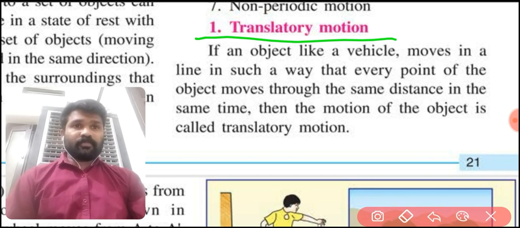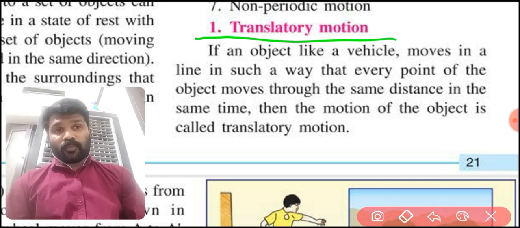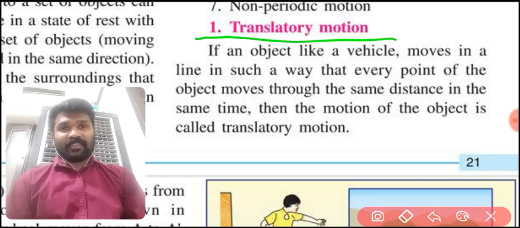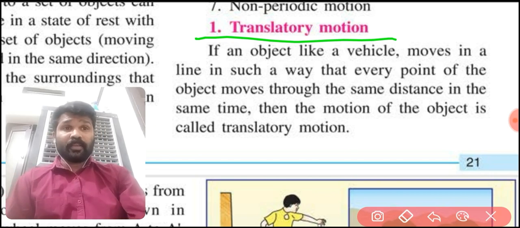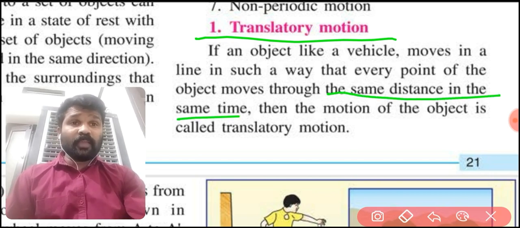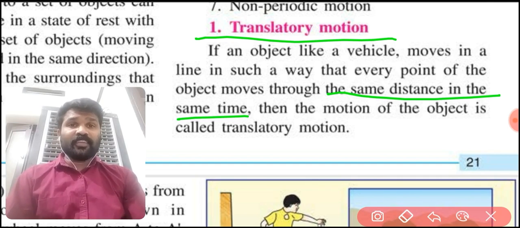If an object like a vehicle moves in a line in such a way that every point of the object moves through the same distance in the same time, then the motion of the object is called translatory motion.